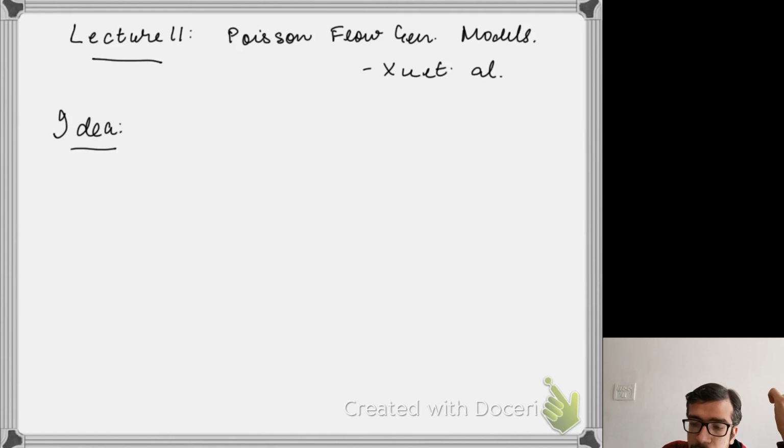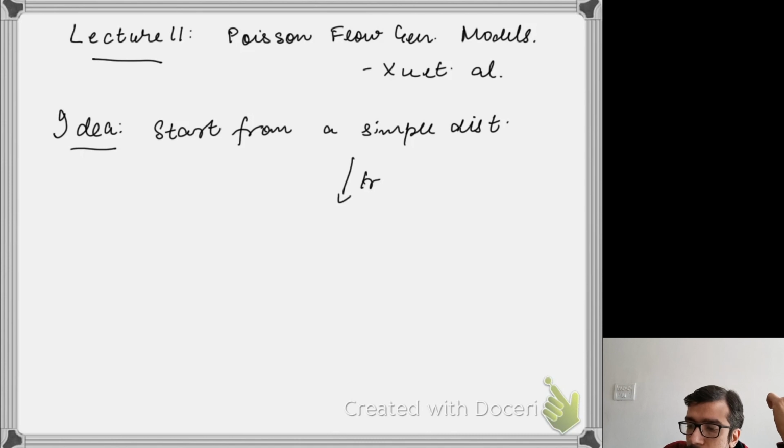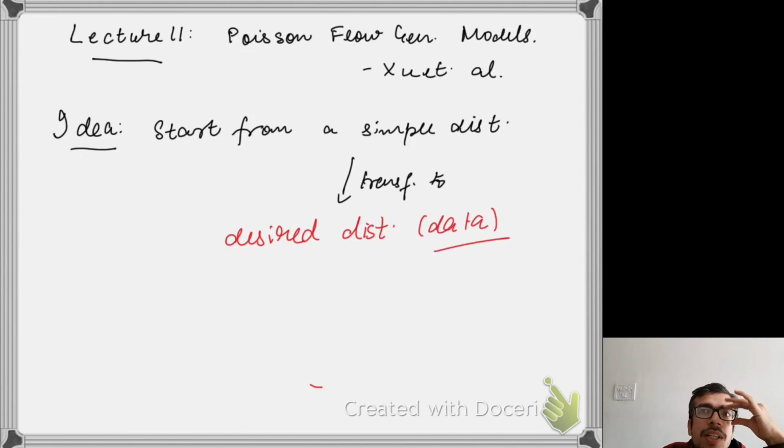So start from a simple distribution and then you transform to your desired distribution. And this is the distribution of your data. You will see this idea, for example, in normalizing flows. You will see the same idea in GANs, and now this paper also tries to do that.